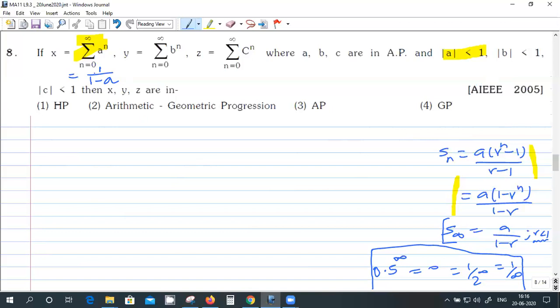Similarly, what is y? Same as x, right? This b is also less than 1. So the first term is 1, divided by 1 minus the common ratio. What is the common ratio of this second GP?